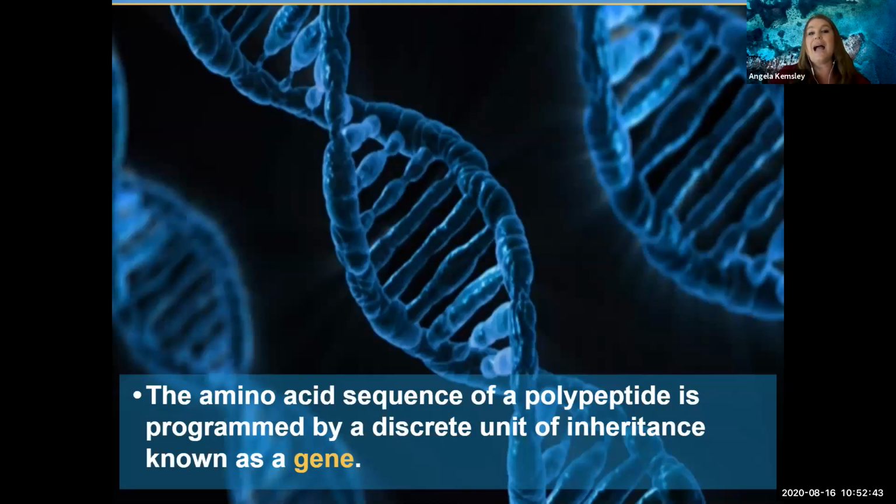So the amino acid sequence of a polypeptide is programmed by a discrete unit of inheritance known as a gene. Again, this is just a brief introduction to nucleic acids. We are going to get up close and personal with genes in future lectures. So just for this lecture, I don't necessarily need you to understand everything about a gene.